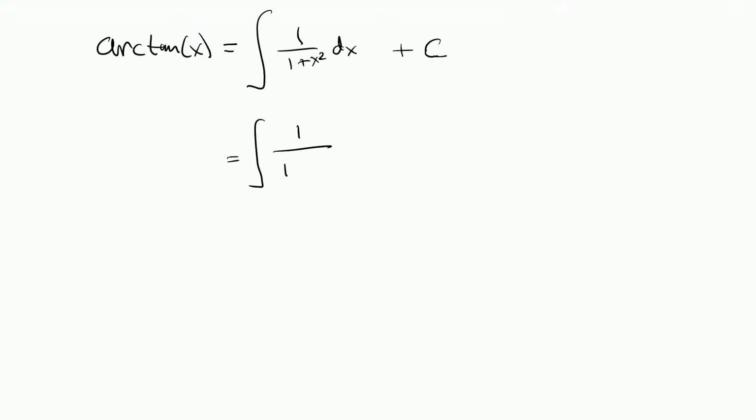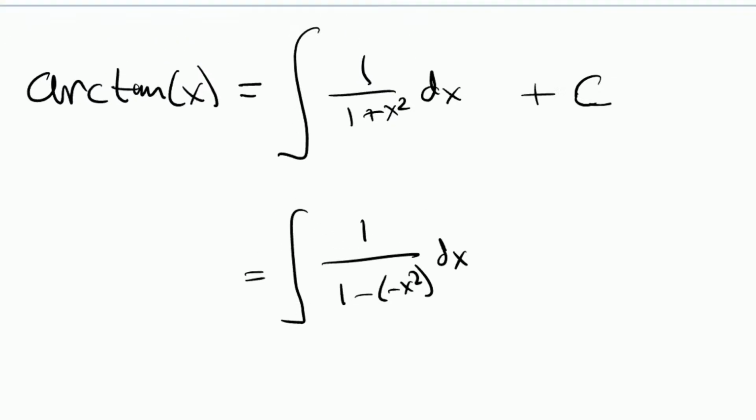We had arctan, which is the integral of 1 over 1 plus x squared, plus some constant of integration that we'll deal with. Don't worry. We're not going to ignore it. And so this is going to equal 1 over 1 minus negative x squared.